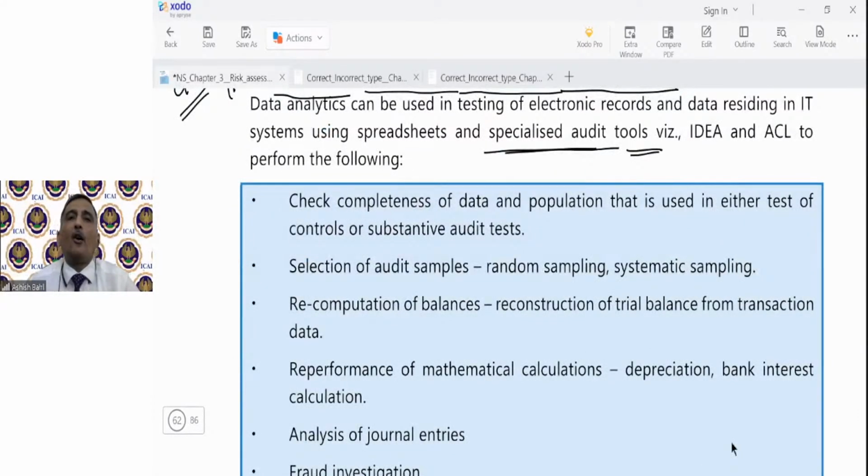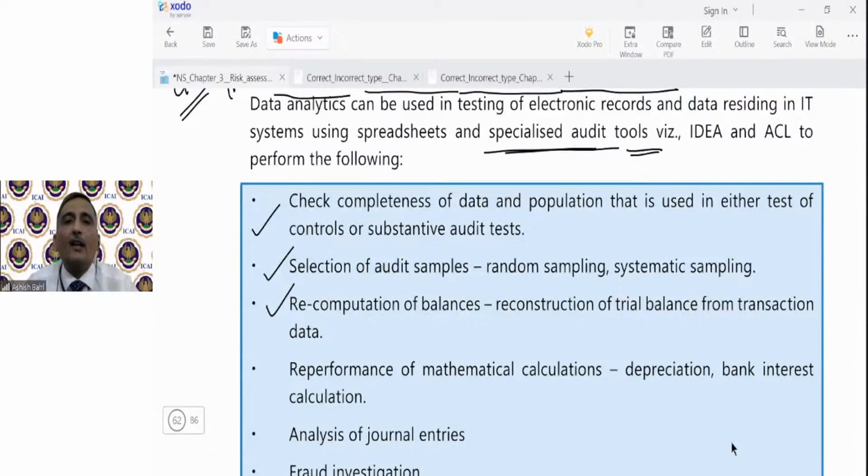So these types of computer assisted audit techniques help the auditor in many ways, like in selection of audit samples, in checking completeness of data, in even doing simple things like recomputation, like checking accuracy of some parameters, like redoing some mathematical calculations, like whether the depreciation calculation is correct or not. If you can do such simple things with software, then obviously you would be getting accurate results in a matter of seconds, and you can also make intelligent analysis.